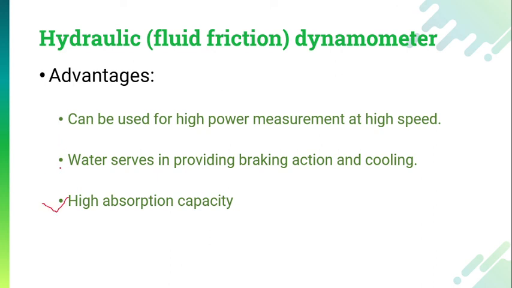Compared to the previous dynamometers, the Prony brake dynamometer and the rope brake dynamometer, the space required for the same capacity will be very small, as well as the cost for the same capacity measurement. That's why hydraulic dynamometers are most commonly used whenever high power measurement and high speed measurement are required.